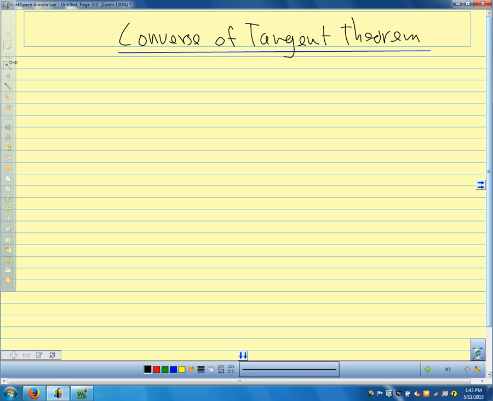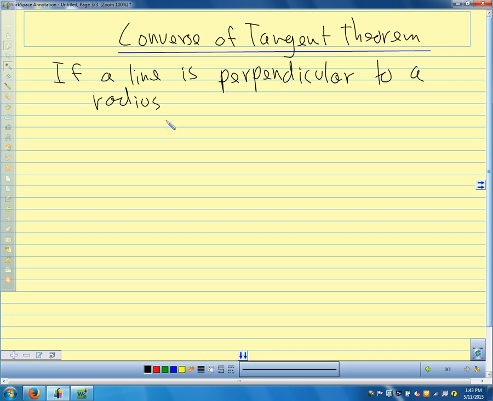Converse says if a line is perpendicular to a radius, then it is tangent to the circle. So if it's perpendicular to a radius on the circle, then it is tangent to the circle.